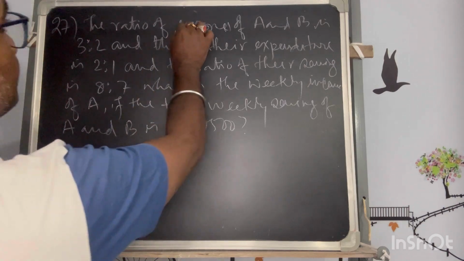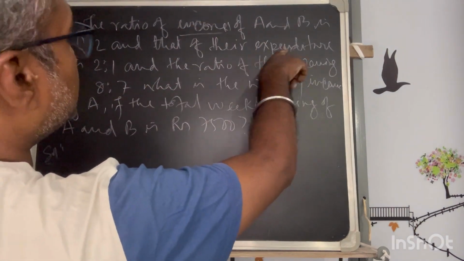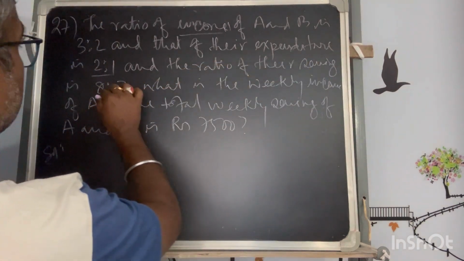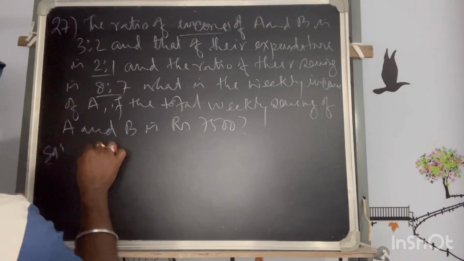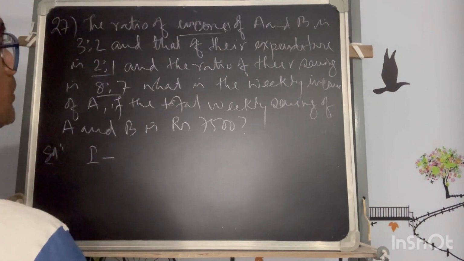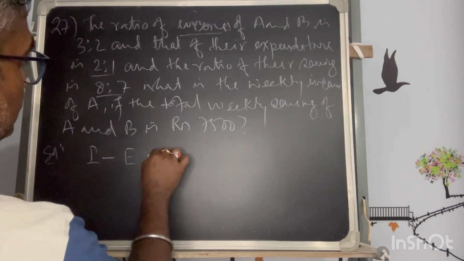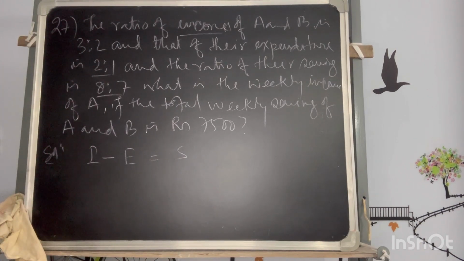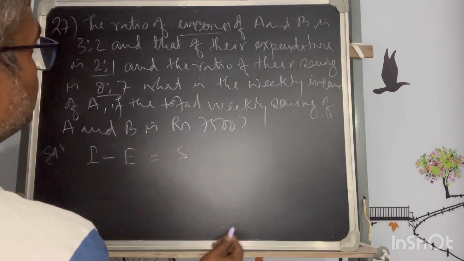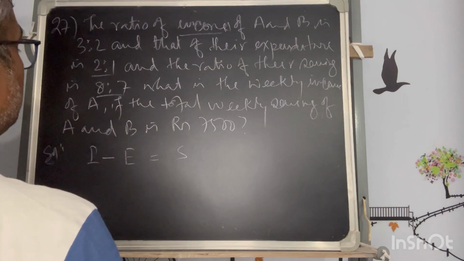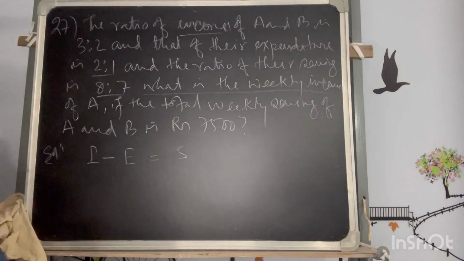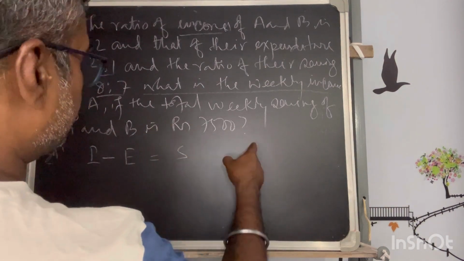This is income, and their expenditure is 2:1, and the ratio of their saving is this much. So we know that income minus expenditure is equal to the saving. This will be the case for both of them. Then after that, what is the income of A if the total saving of A and B is this much.